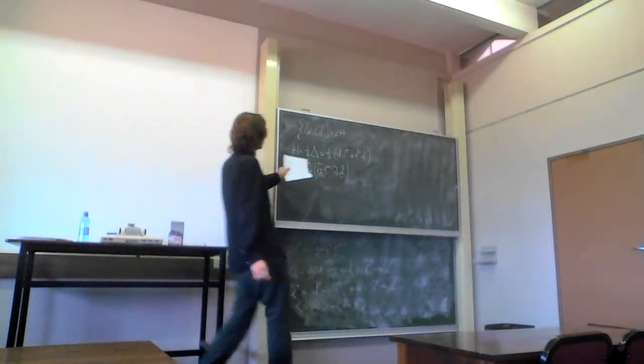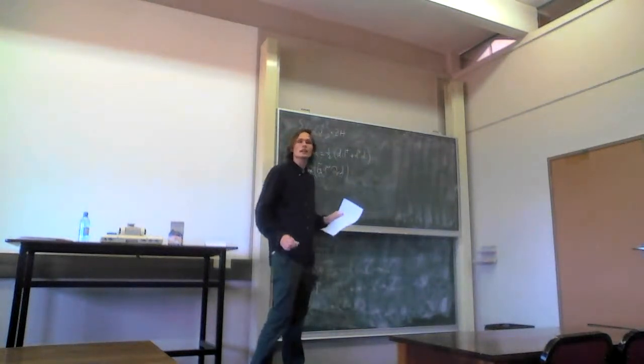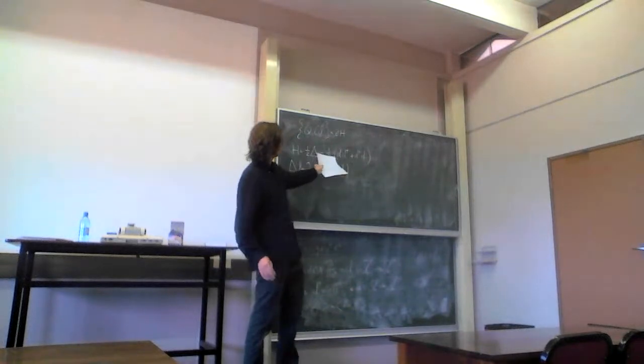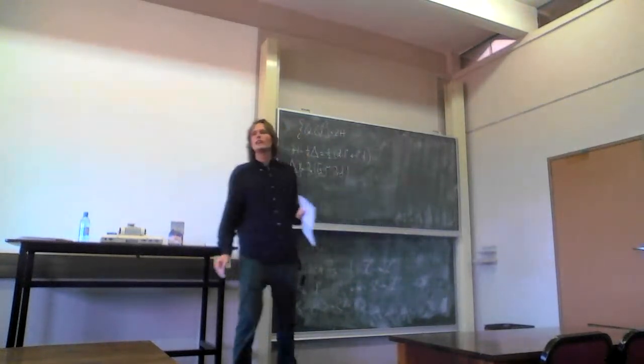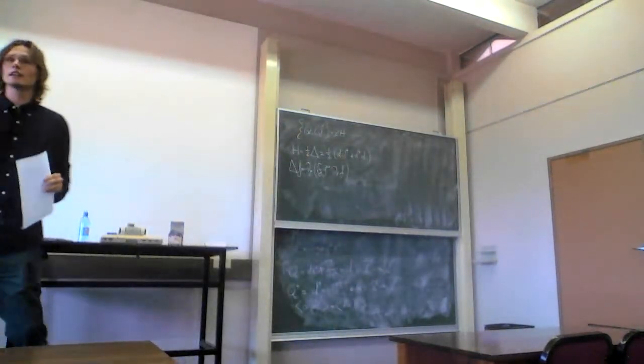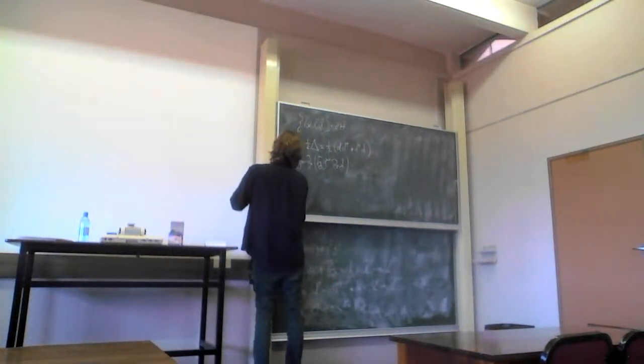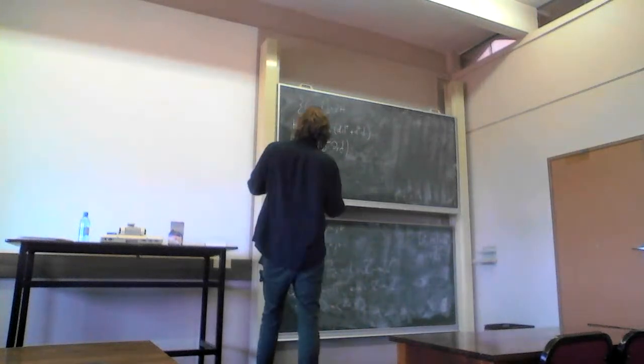So if you just work out the definitions of d and d dagger acting on a function, you reproduce this. You see, this is a very clean and short way of writing the definition. Okay.